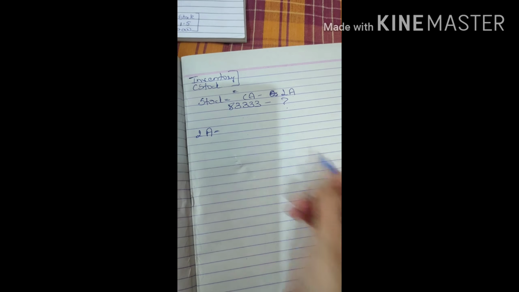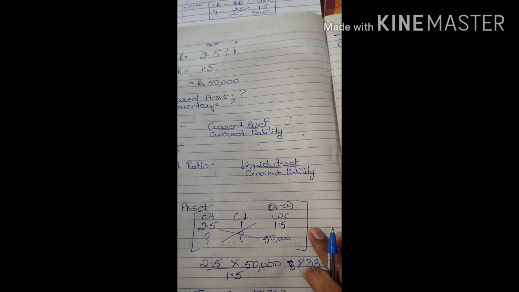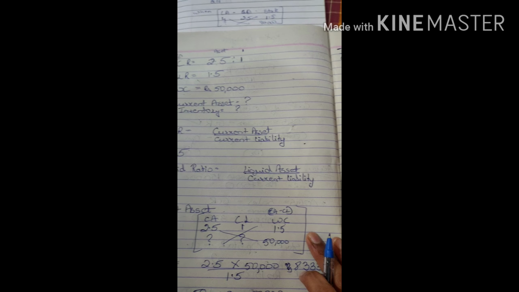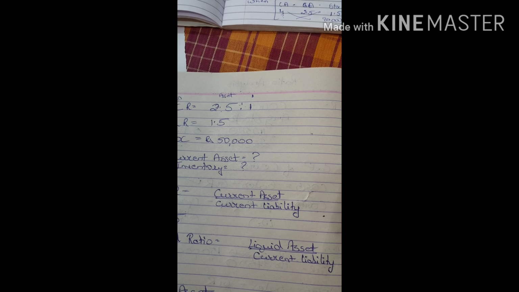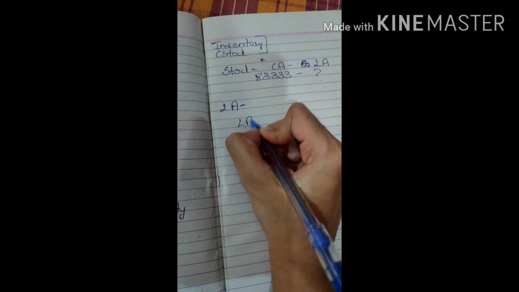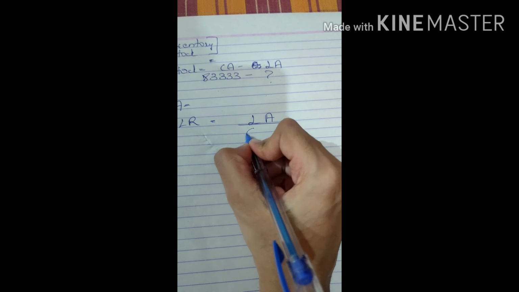The formula for liquid ratio is liquid asset divided by current liability.